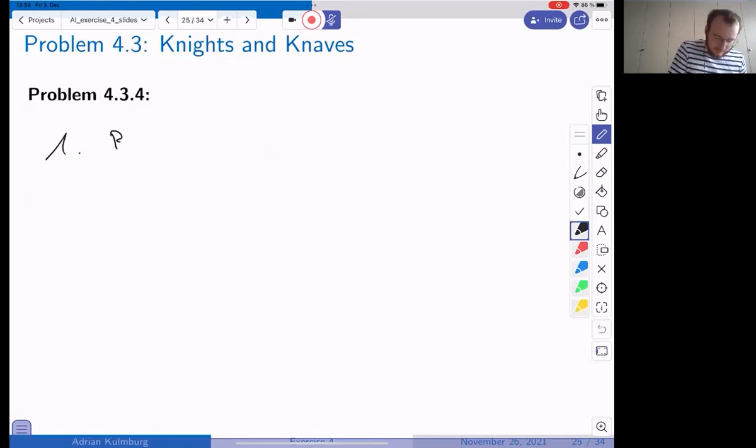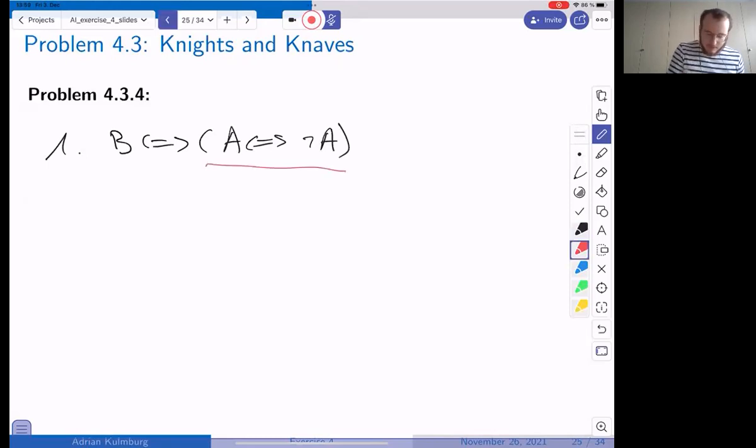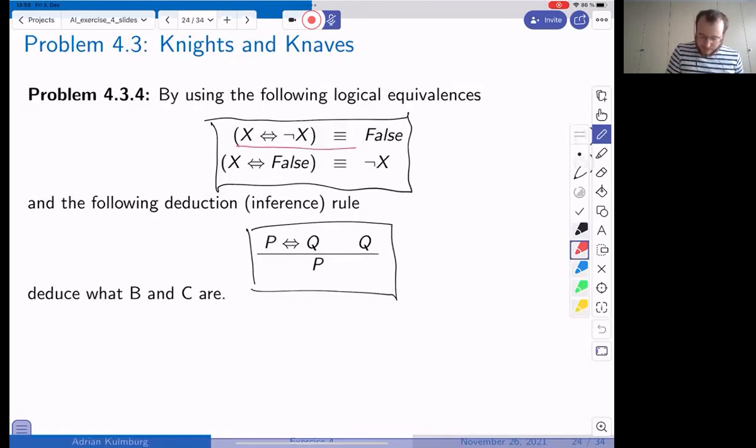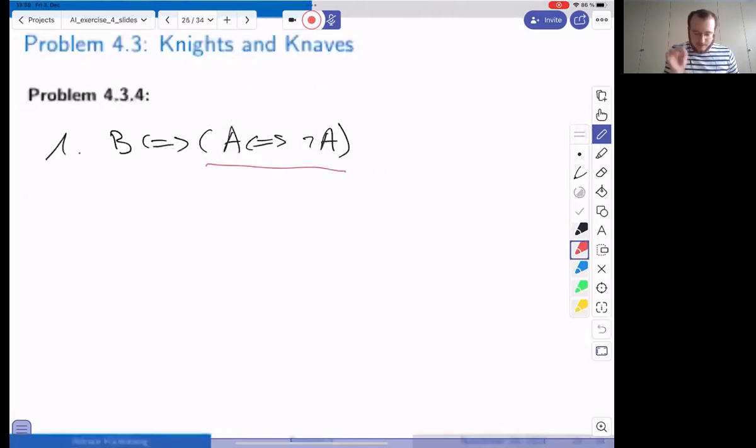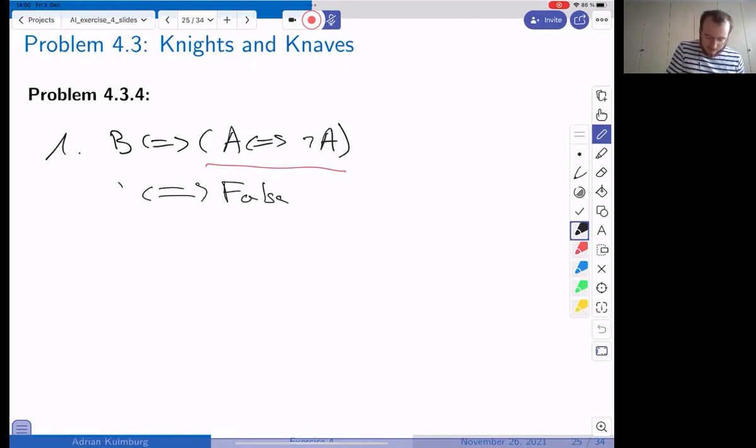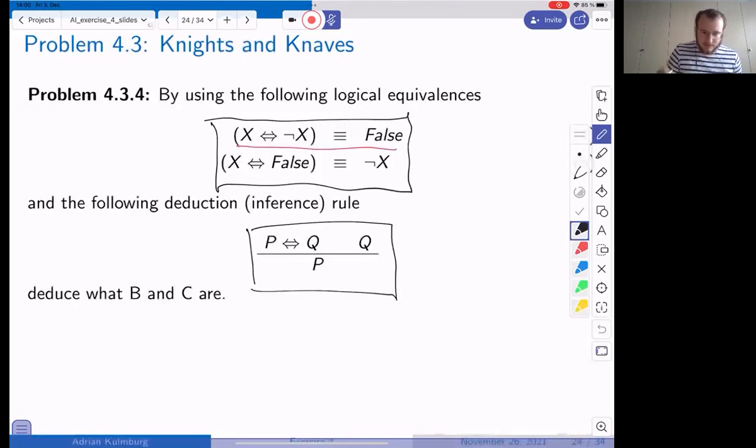So let's start. So we had in the first sentence this thing. Right? And so for this red part here, we can directly use this logical equivalence to say, okay, this is the same as just false. And so we have B equivalent to false. And then we just use the second rule here.